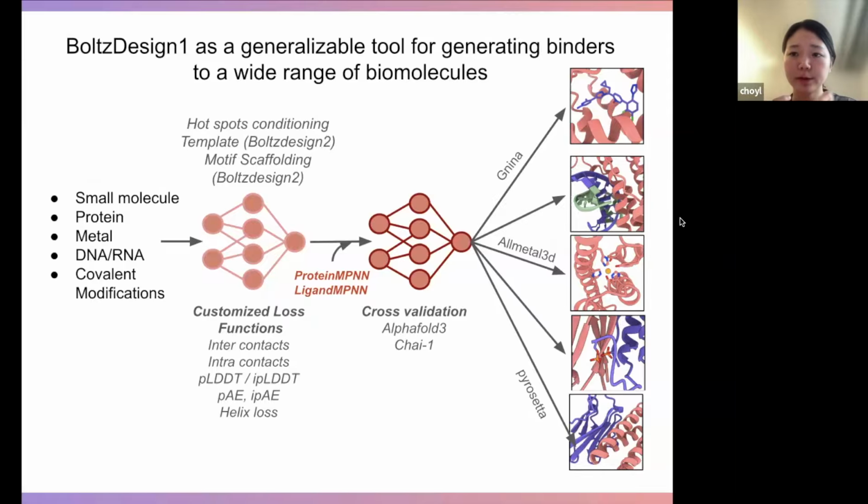Throughout the diffusion process, you can add more potential to that hotspot to make the binder bind to it. You can additionally add the contact loss during the Pairformer process. If you know this residue needs to interact with that residue in the binder, you can upweight the loss on those residues. Does it make sense? Yeah, thanks.